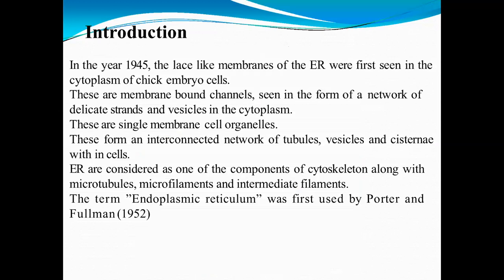In the year 1945, a lace-like structure was observed and named endoplasmic reticulum, first observed in the cytoplasm of chick embryo cells. These membranes have different types of channels and networks that are attached to the nucleus and present in the cytoplasm.